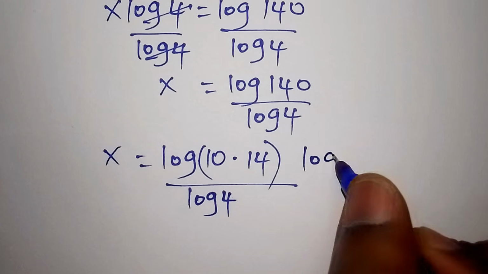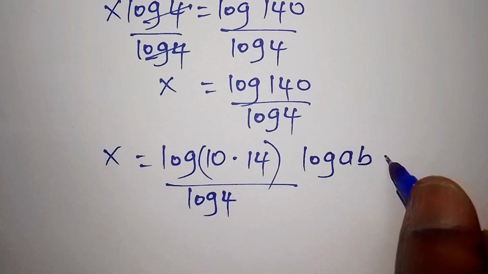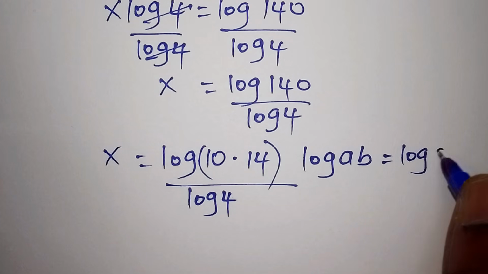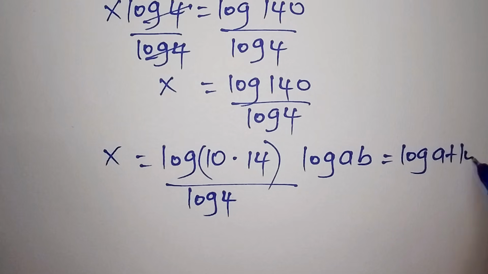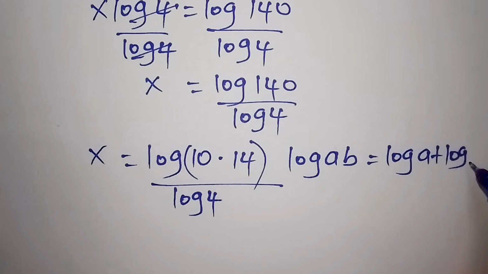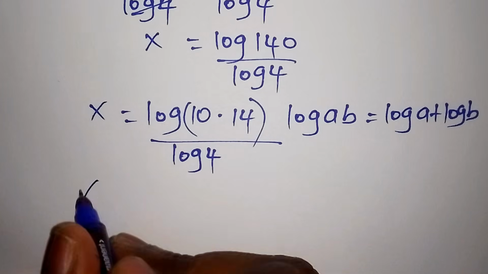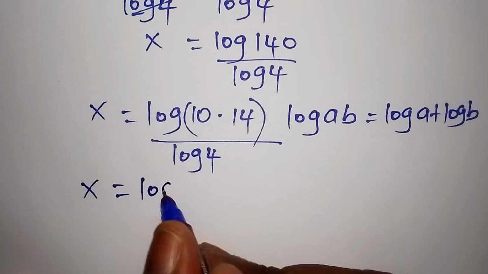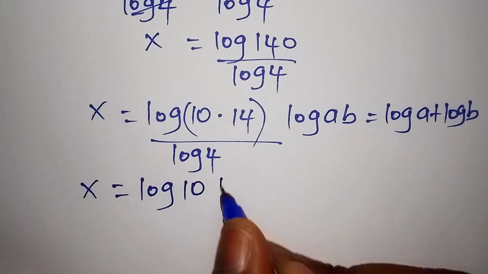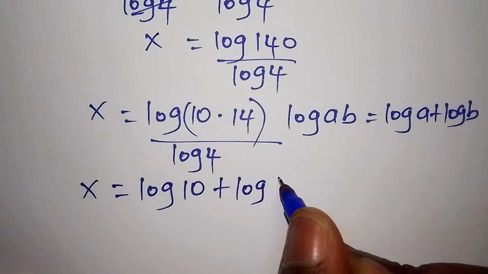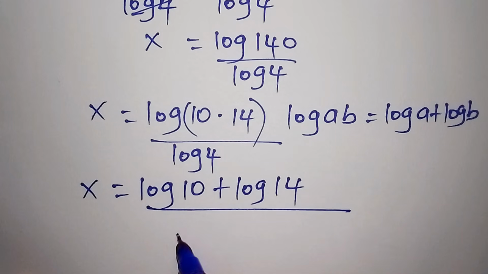When you have, for example, the log of a multiplied by b, this one can be written as the log of a plus the log of b. So the value for x is equal to the log of 10 plus the log of 14 all over the log of 4.